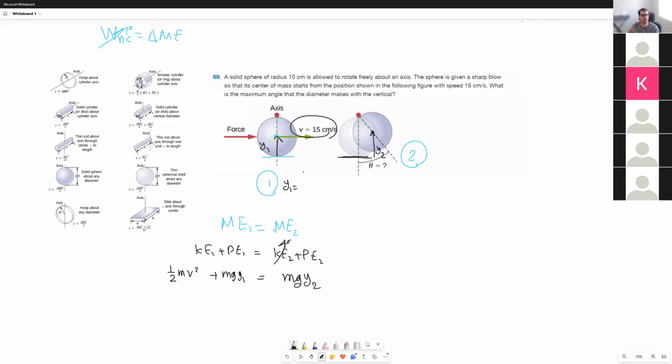What is y1, guys? Yeah, 10 centimeters, exactly. y1 is going to be 10 centimeters. Now, what is y2 in terms of the angle theta? This was the center of mass. This was the center of mass. It goes up to this much. What is this difference?